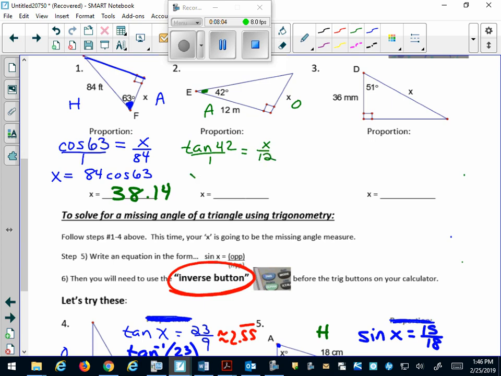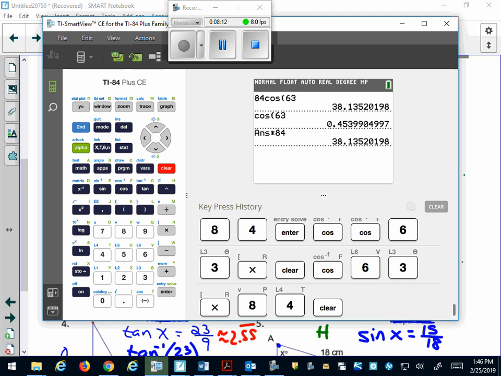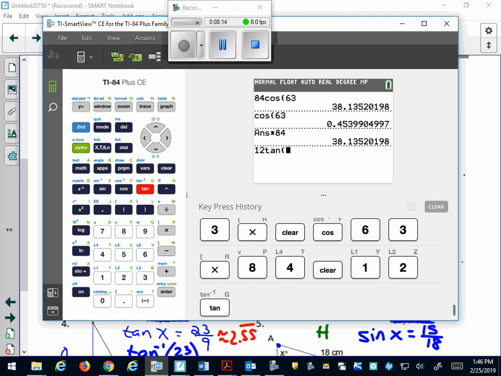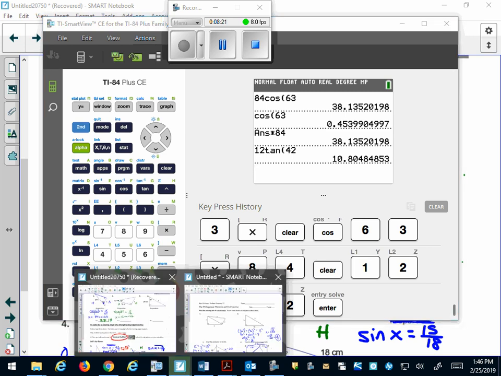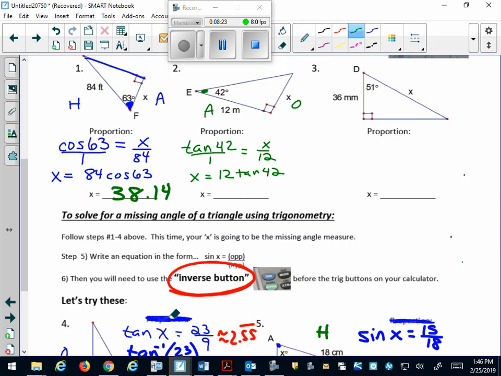Cross multiply, you get X equals 12 tan 42. So on your calculator, 12 tan 42, 10.8. And that's meters. These are finding the lengths of the sides.